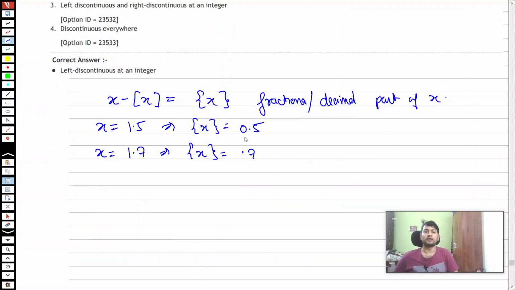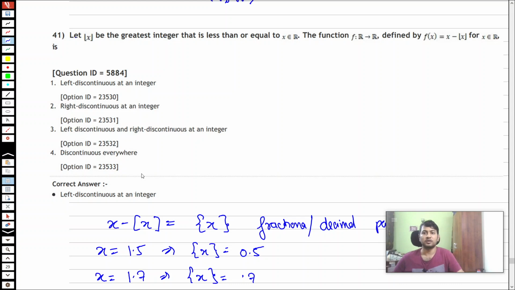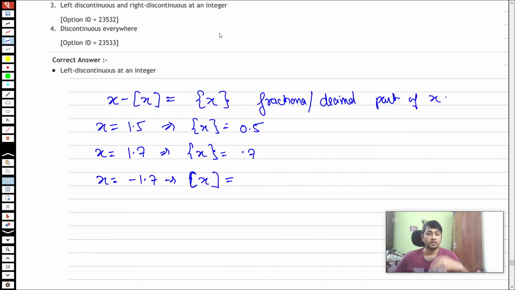Now if x equals minus 1.7, then the greatest integer function, the square bracket x, is the greatest integer that is less than or equal to x. Slightly less than x, the greatest integer is going to be minus 2, which implies that curly bracket x is minus 1.7 minus minus 2, so that is 0.3.